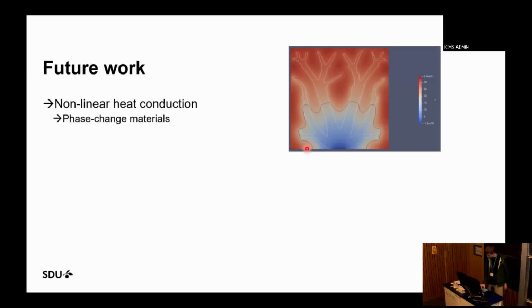So that means that you have this moving interface between the phases where the heat capacity is basically very, very large locally.